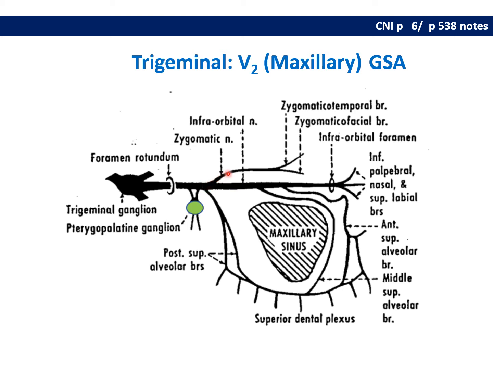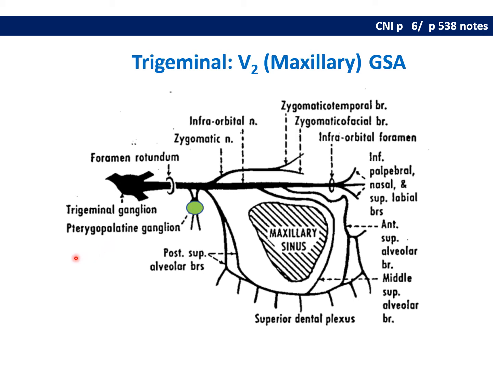The zygomatic nerve and the zygomaticotemporal or zygomaticofacial are going to be involved in sensory around the temple, but also they distribute postganglionic parasympathetics from the pterygopalatine ganglia that originated with the facial nerve.